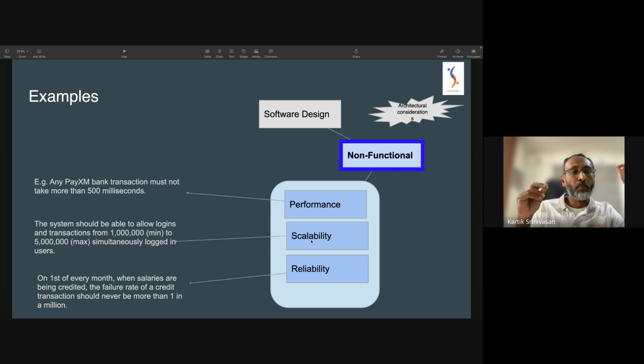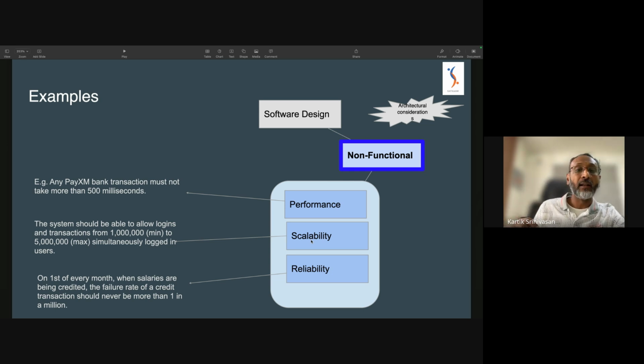Now, the number of employees in India is probably in the hundreds of crores, right? Or maybe 70, 80 crores. Now, for each one of these people, on the first of every month, a salary transaction happens where the salary gets deposited into their accounts, and it has to happen on that day.